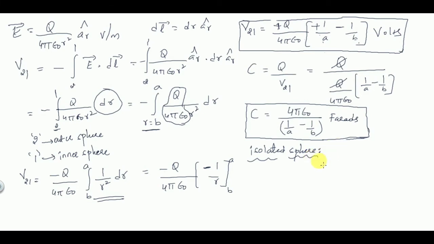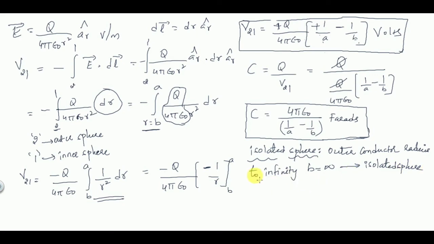Isolated sphere is the concept of making the outer conductor or outer sphere radius go to infinity. That is, it is existing at infinite distance. So that means b is equal to infinity. Then such a sphere is called an isolated sphere.